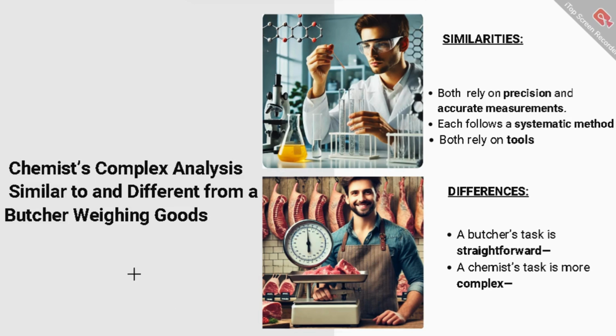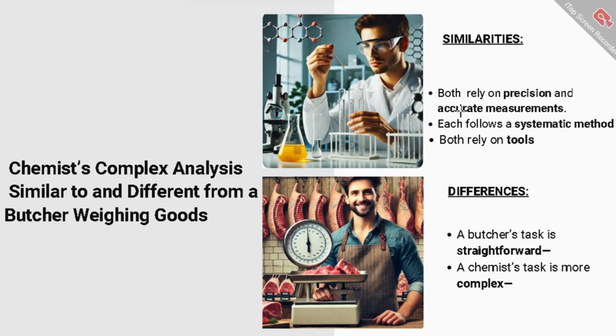So he uses one more example where he explained a chemist's complex analysis, which is similar to and different from a butcher weighing goods. So let's see the similarities and differences one by one. Here first we have the similarities. What are the similar things that they both have?